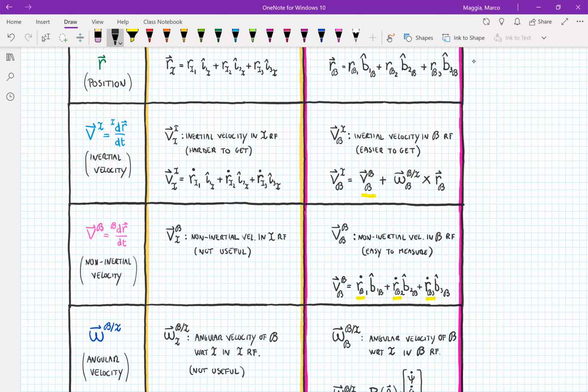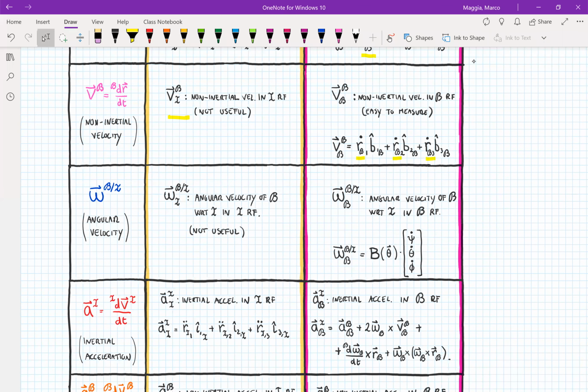So we have the three derivatives with respect to time of the three components of the position in the B1, B2, and B3 direction. Good that I spotted that. Of course, we can also have the non-inertial velocity in the inertial coordinates, but we never use that, so it's not really useful, and we can forget about that.